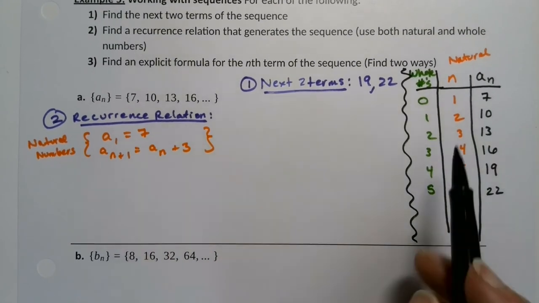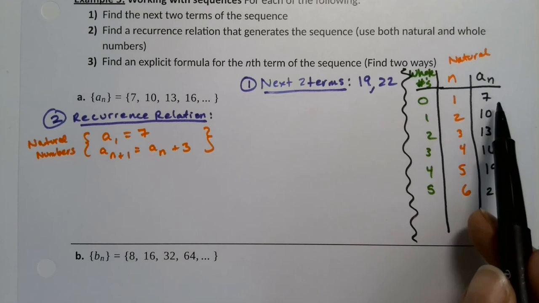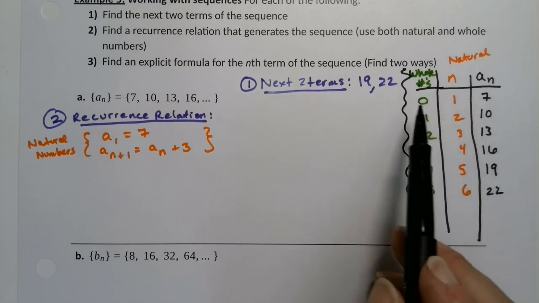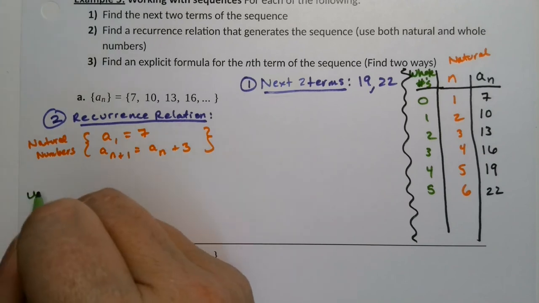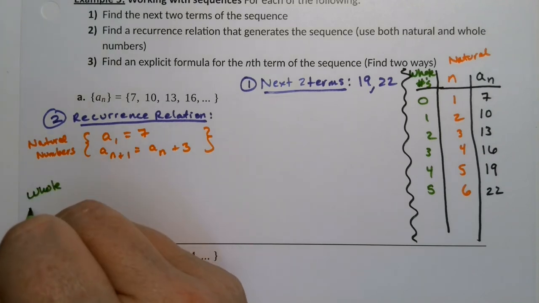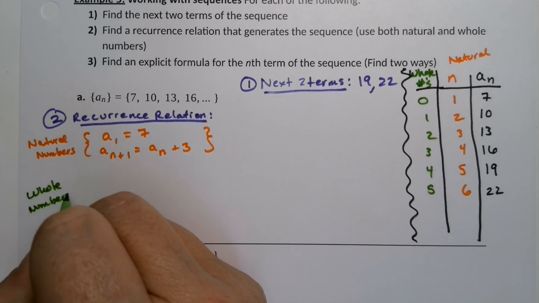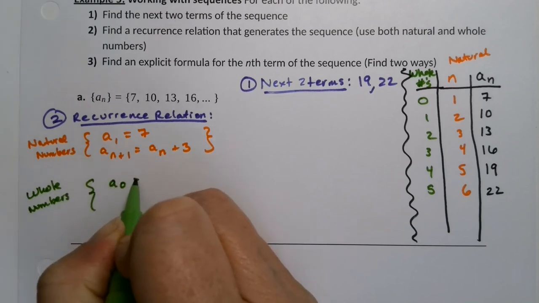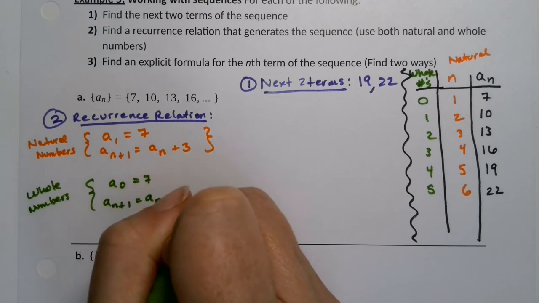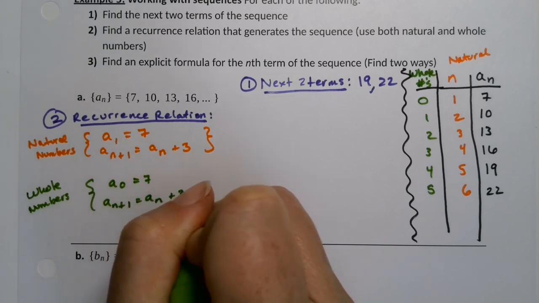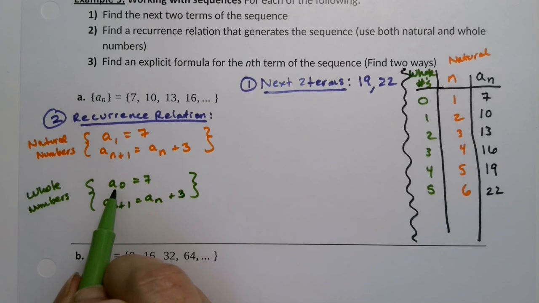That's not really going to affect the relation because I'm still adding on 3, but it is going to affect my starting point, right? So with the whole numbers, a sub 0 is 7, and a sub n plus 1 is still a sub n plus 3. It just changes what index you're starting at. So we start at 1 or we start at 0.